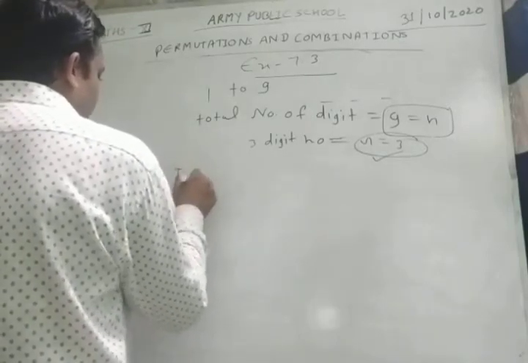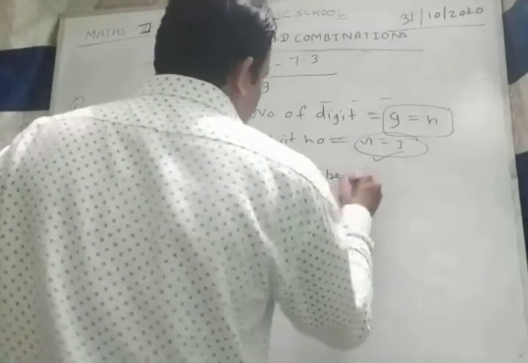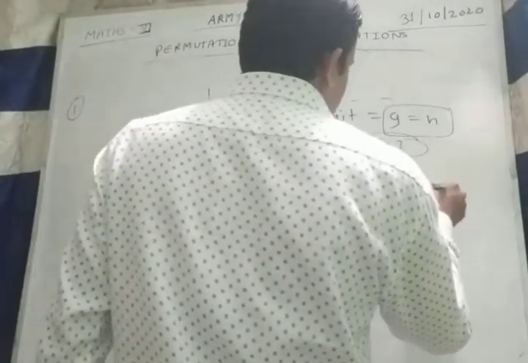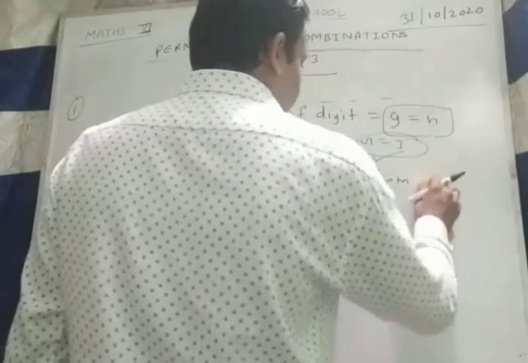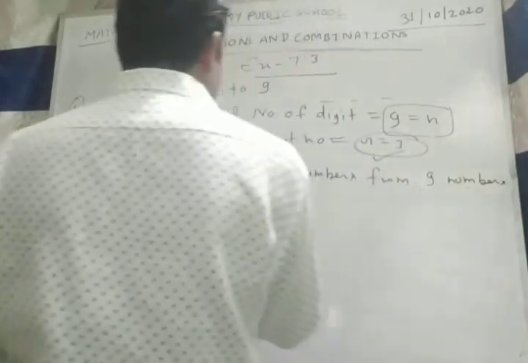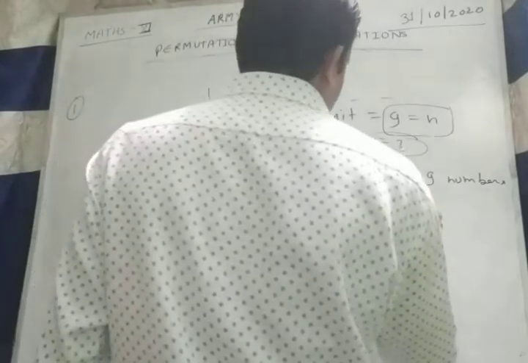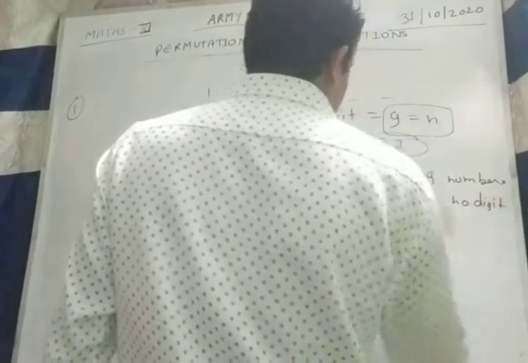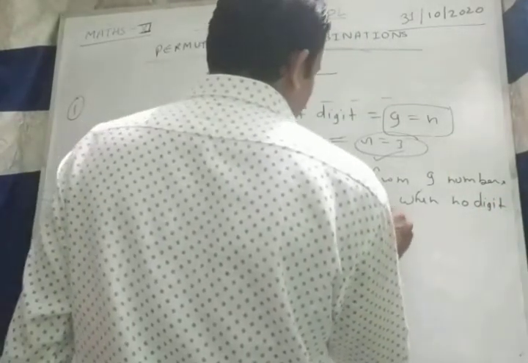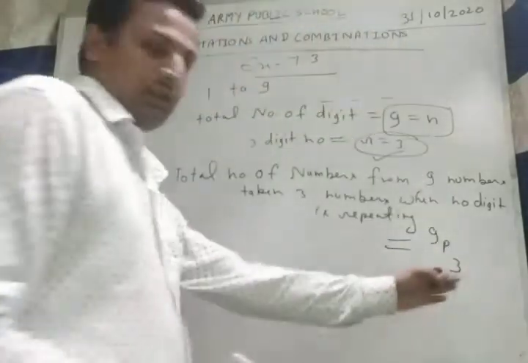the total number of numbers from 9 numbers taken 3 at a time, when no digit is repeating, will be equal to 9P3.